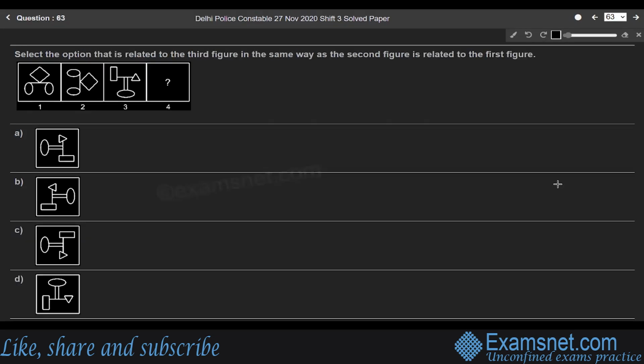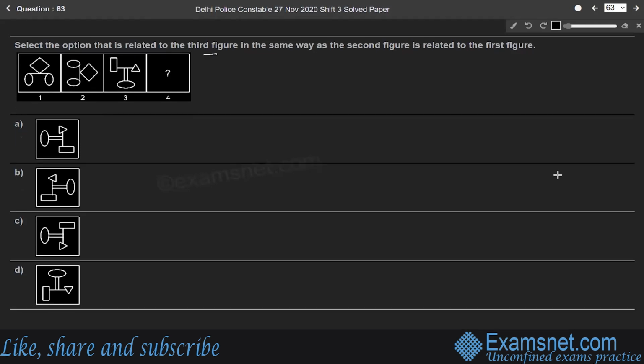Question 63. Select the option that is related to the third figure in the same way as the second figure is related to the first figure. So in the first two figures, figure 2 is obtained when figure 1 is rotated through 90 degrees in clockwise direction. Right.